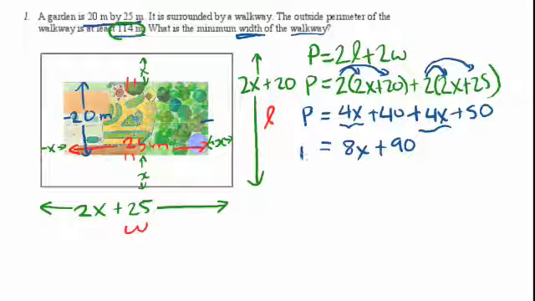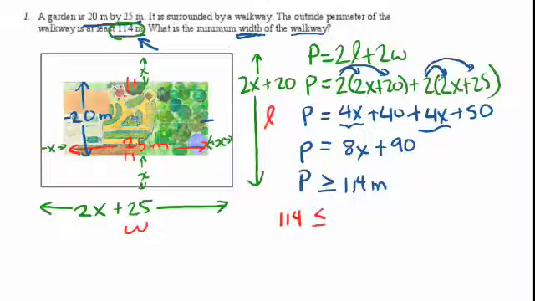All right, so our perimeter equation is P equals 8x plus 90. We know that perimeter is going to be greater than or equal to 114 meters. Okay, so let's sub that in. We'll use some red. 114 is smaller than or equal to 8x plus 90.